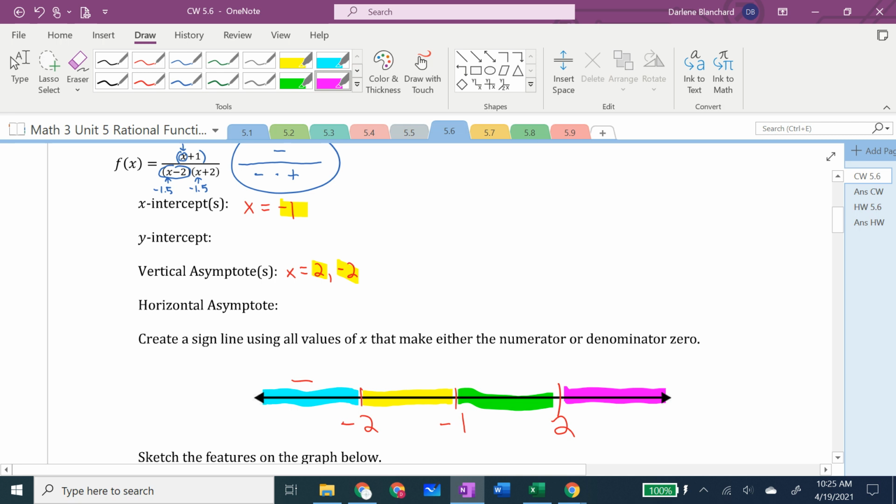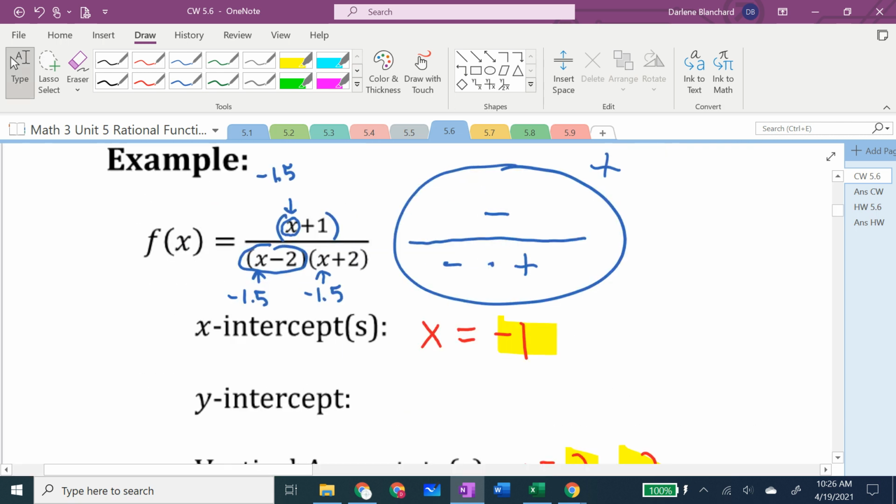Each of those are intervals of x where the graph exists either entirely above the x-axis or entirely below the x-axis. So I'm going to pick any number in that x interval and then figure out, with that number plugged into x, am I getting positive or negative for this fraction? And you don't need to know the number, just positive or negative.